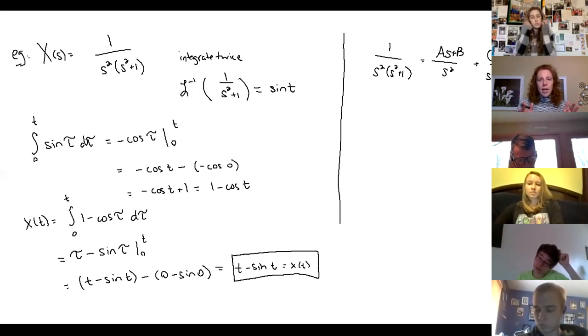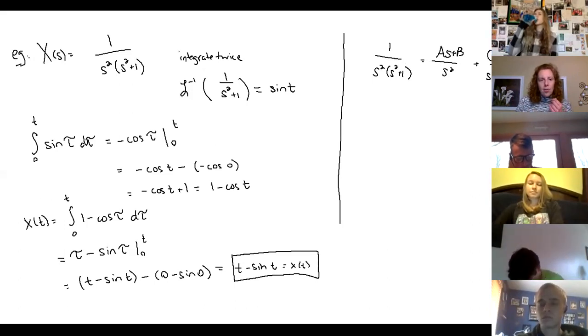You could have solved for a, b, c, and d, and then done your inverse Laplace transforms that way. I personally would rather integrate than do partial fractions, but you could do it either way, whichever way you want.